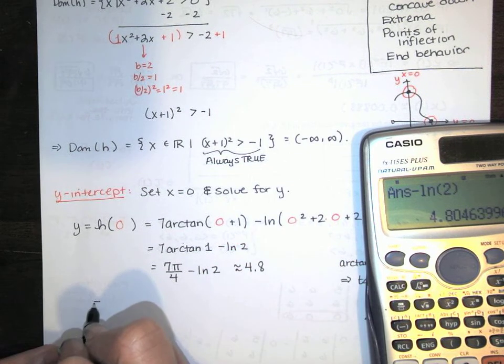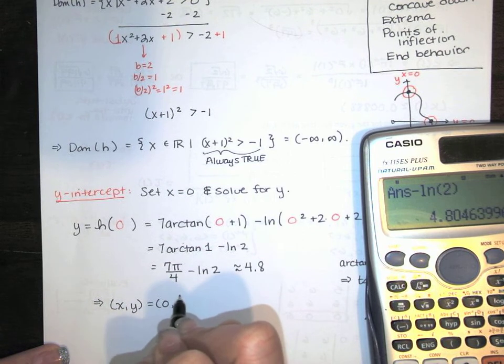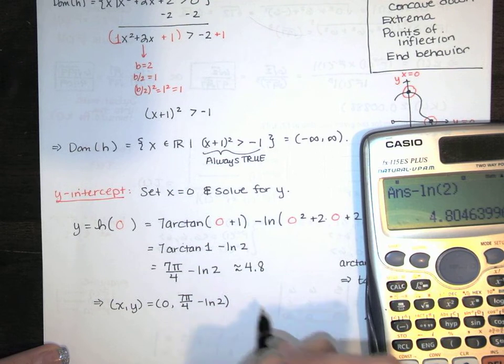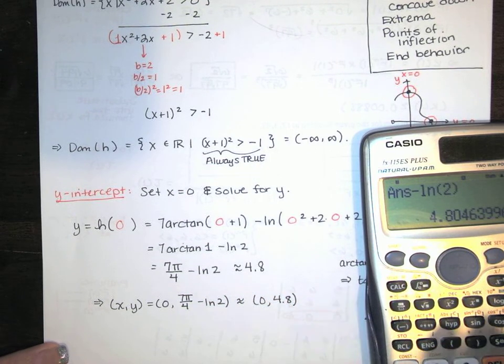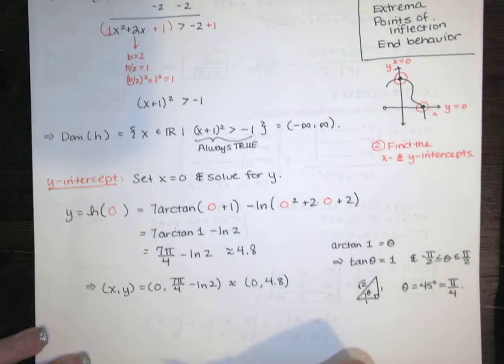Okay, so our y-intercept is x, y equals 0 and 7 pi over 4 minus natural log of 2, which is approximately 0 and 4.8. So that's where the graph crosses the y-axis.